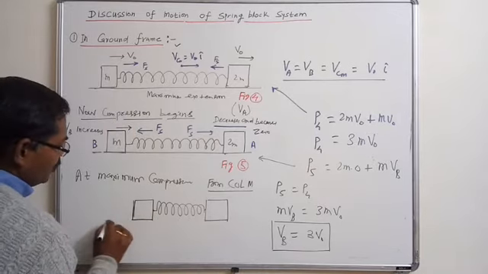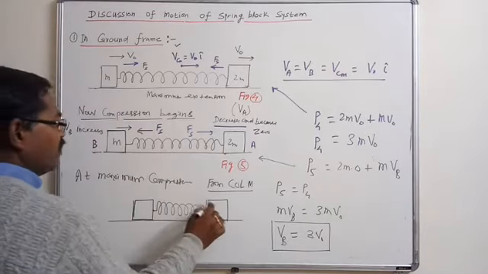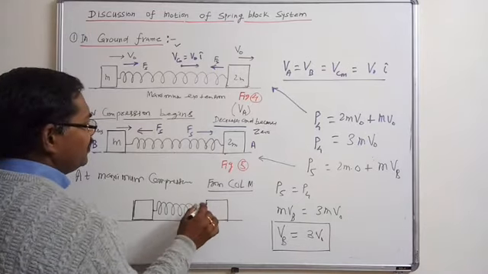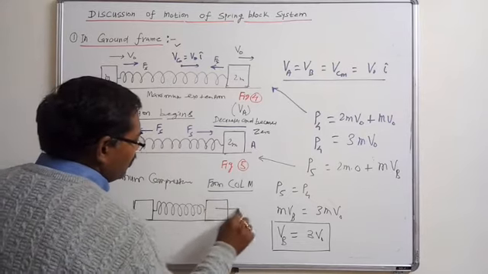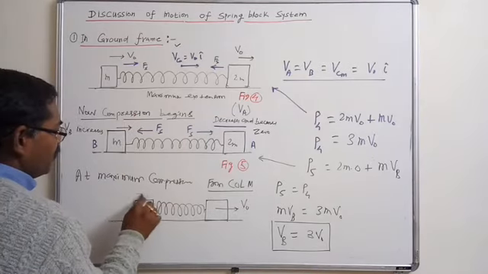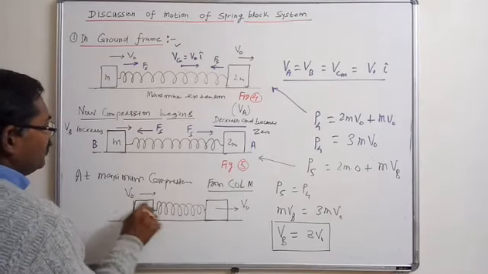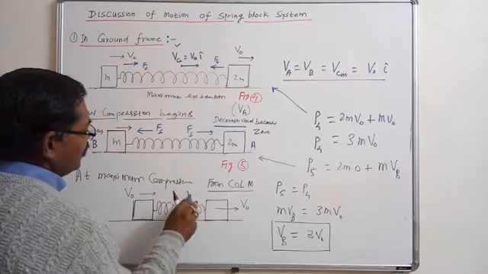In this case also, velocity of both the blocks will be common, and all three will be moving with velocity v naught. That is the velocity of center of mass also, v naught.